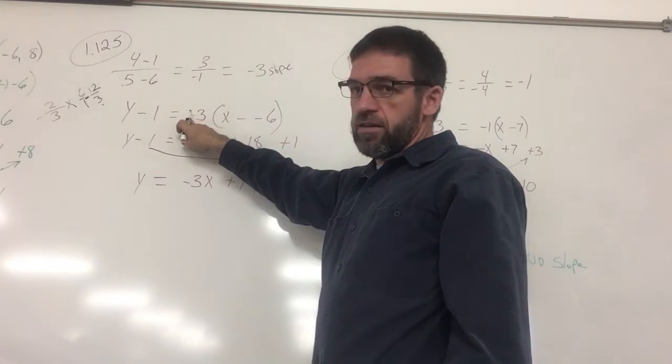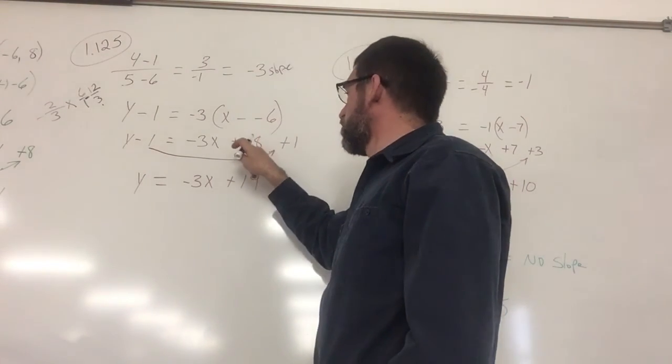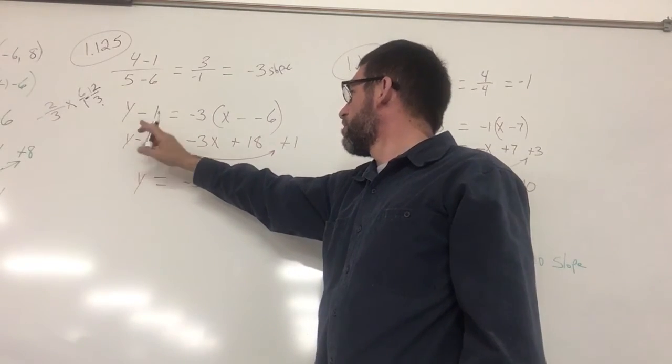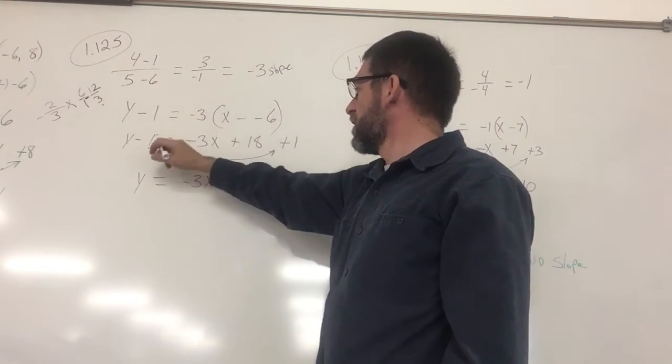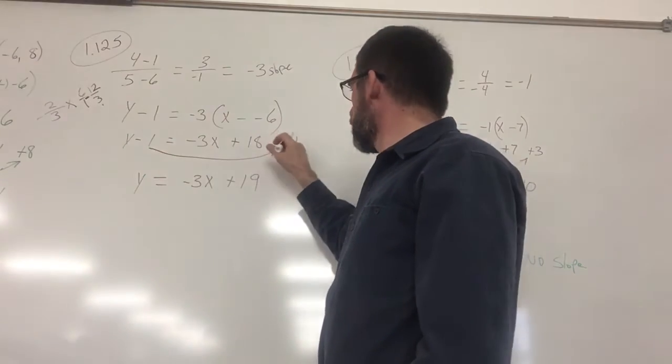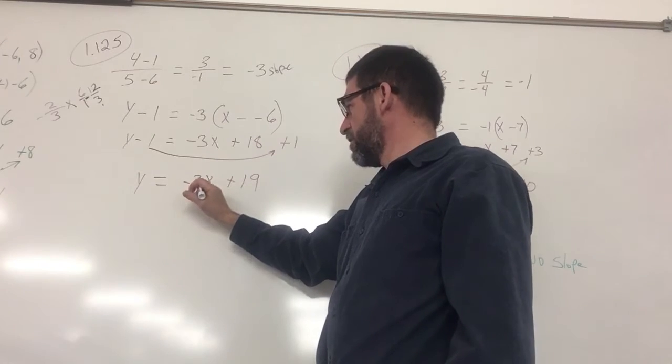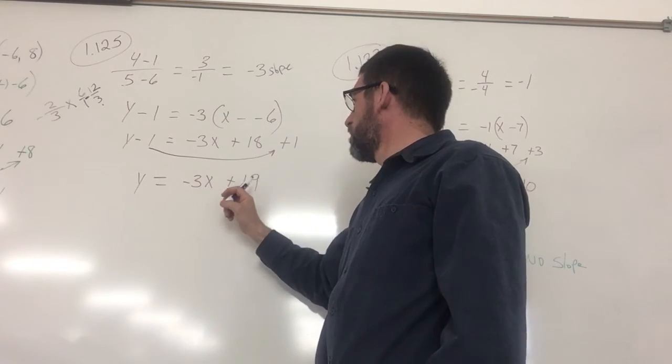Now we multiplied times the x, now you bring your 1 over here, makes it positive 19, so it winds up with 3x positive 19.